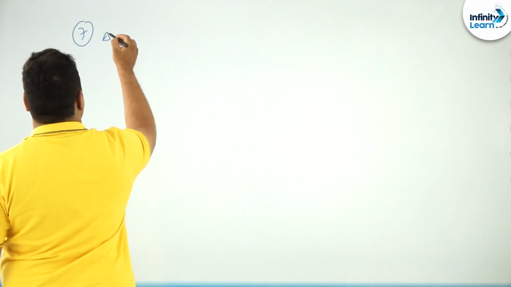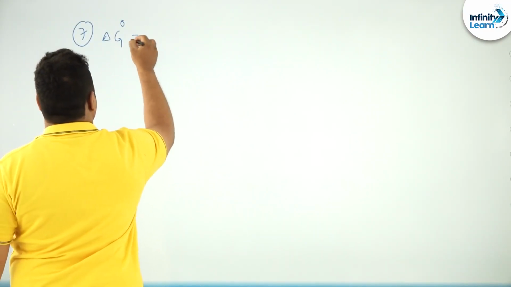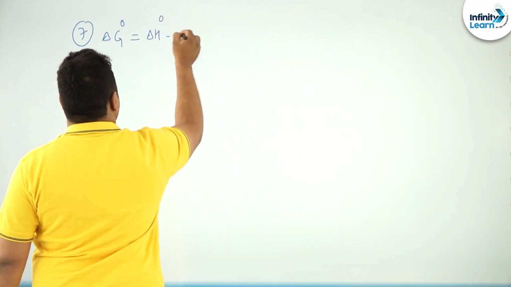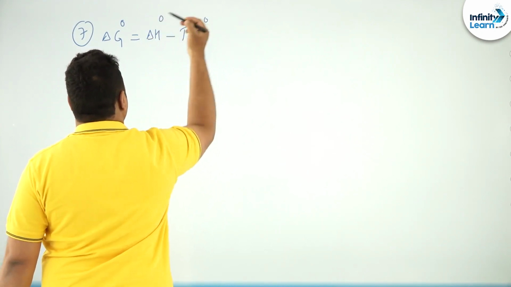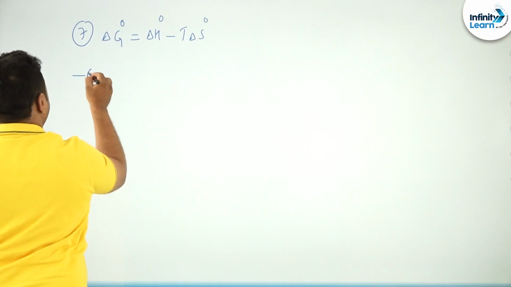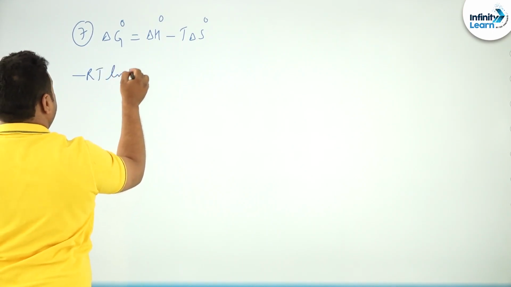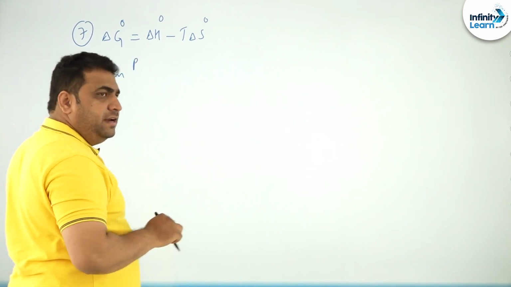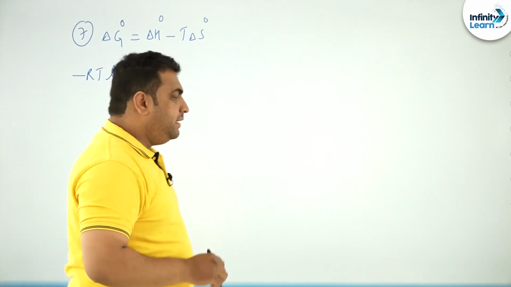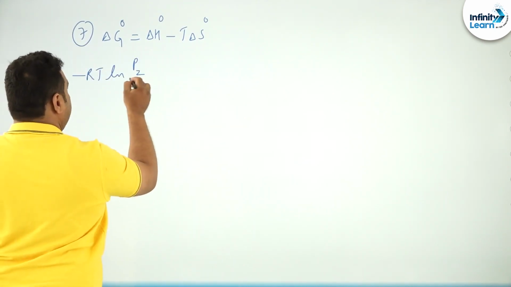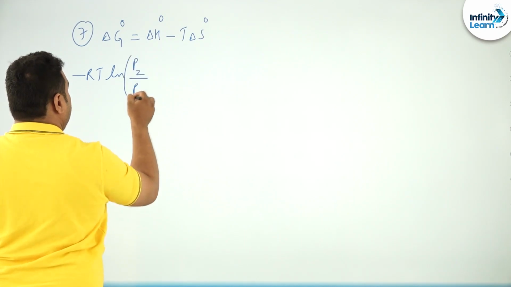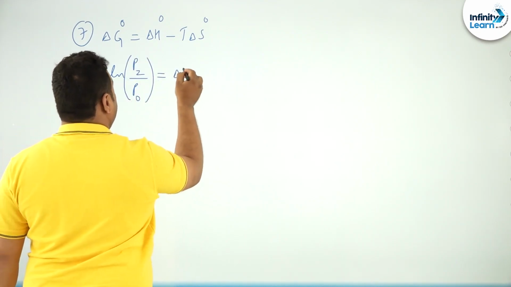So delta G naught is equal to delta H naught minus T delta S naught, correct, and delta G naught can be written as minus RT ln, instead of final by initial, now we can take Pz by P naught, is equal to delta H naught minus T delta S naught.